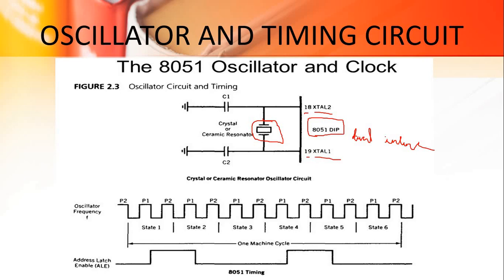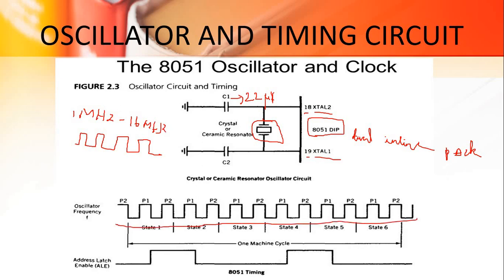C1 and C2 are the capacitors, of 22 picofarads. We particularly use a crystal oscillator because it produces stable frequencies, with a minimum frequency of 1 megahertz to a maximum of 16 megahertz. The crystal oscillator produces clock pulses in a stable state. This is about the oscillator and timing circuit.